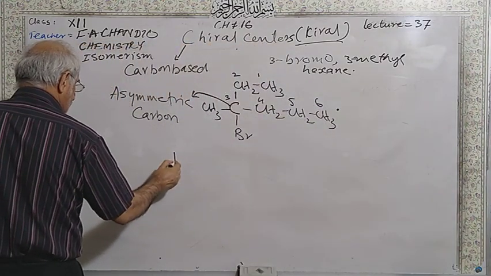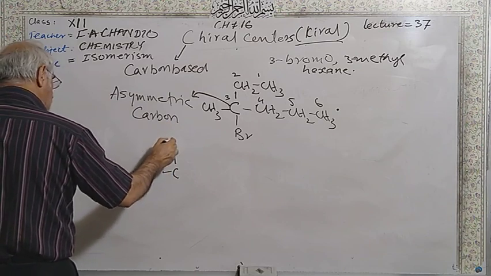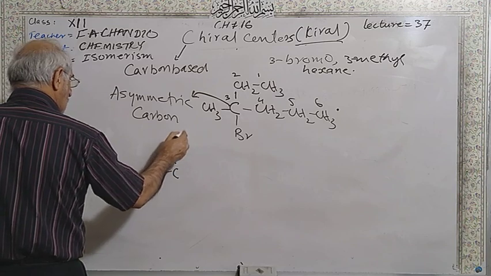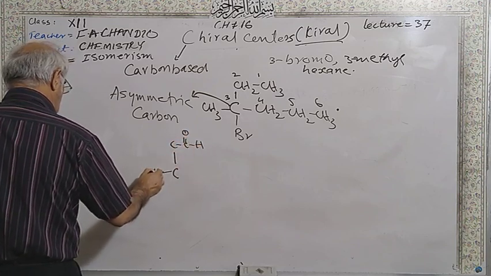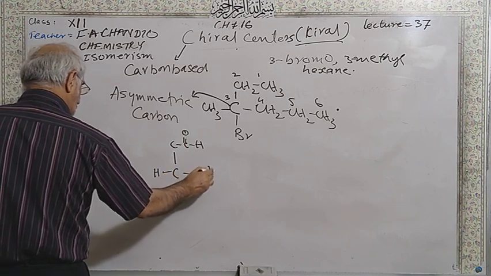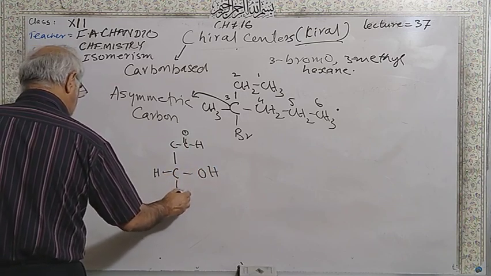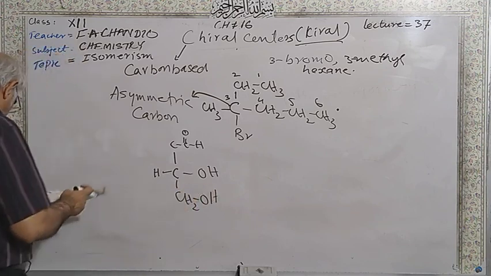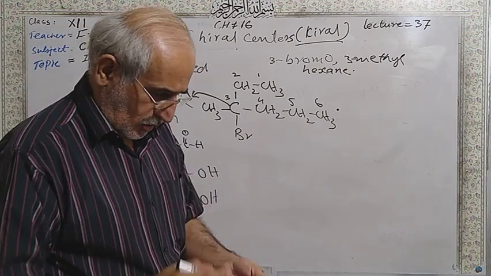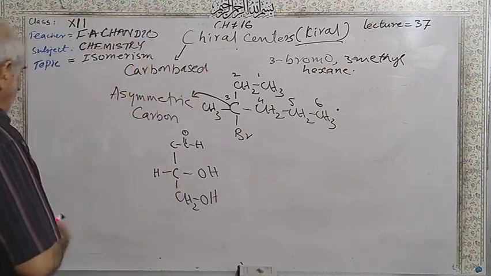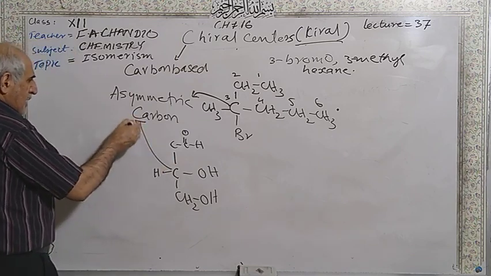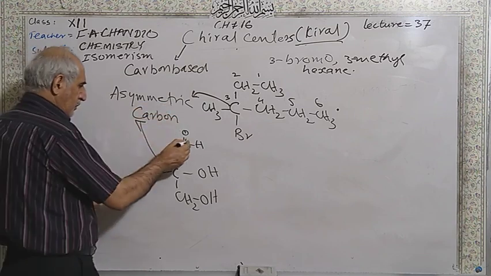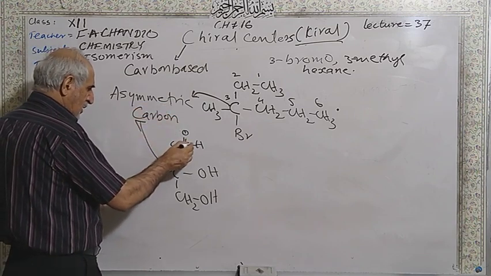Carbon center, up, COOH, OH, hydrogen, and CH2OH. So this carbon is also asymmetric. You are seeing on the top the carboxylic acid functional group.